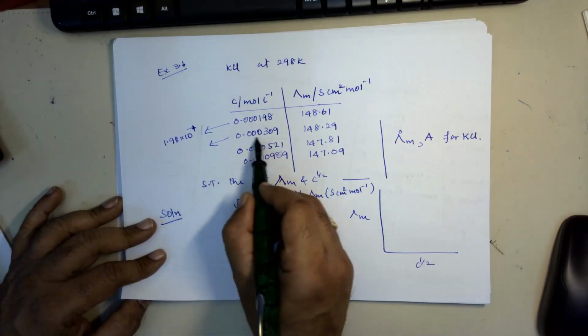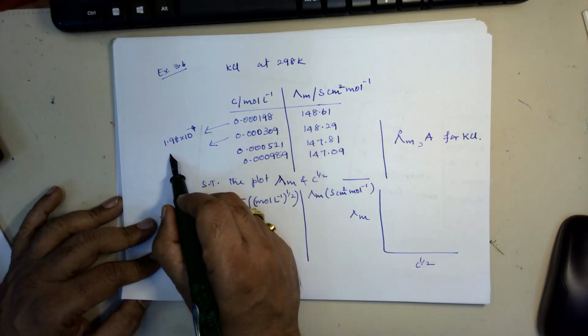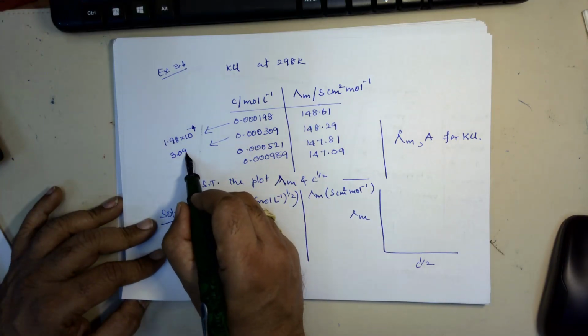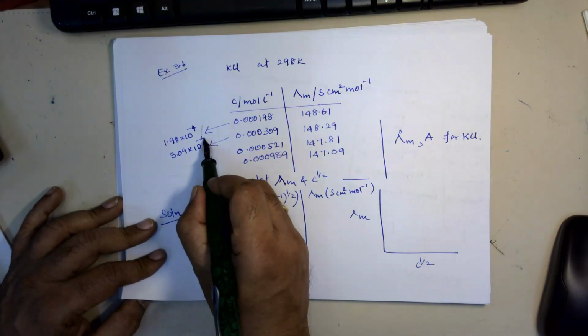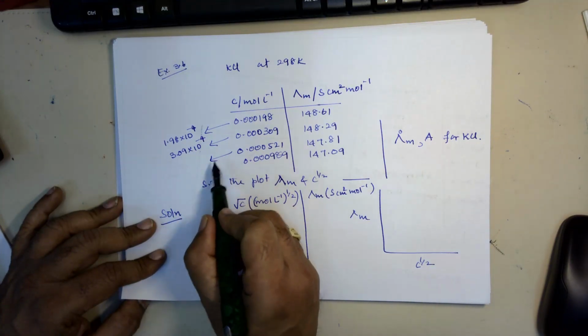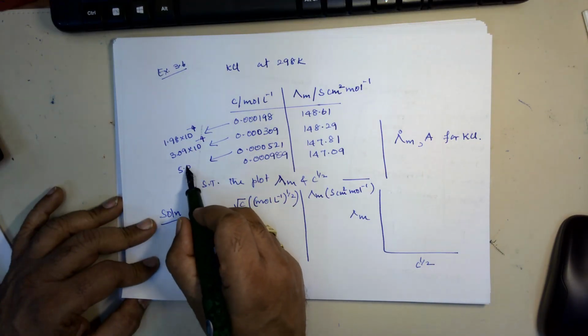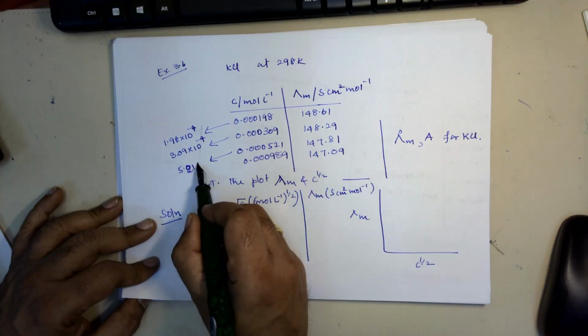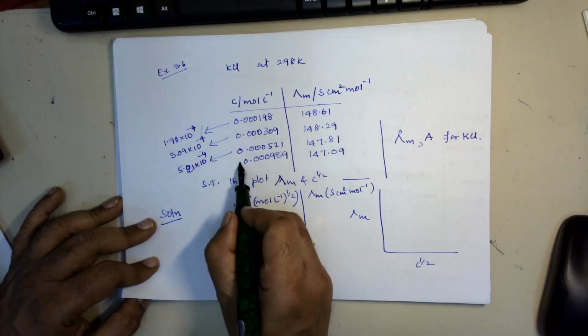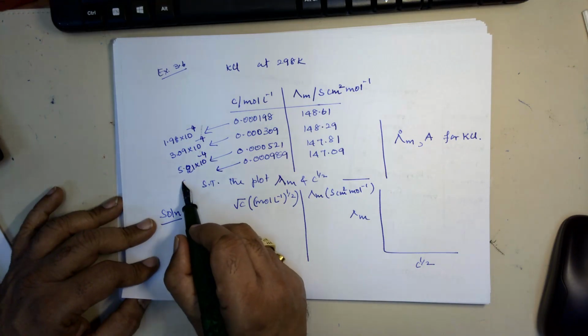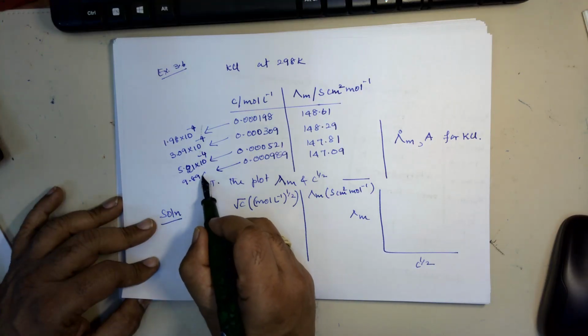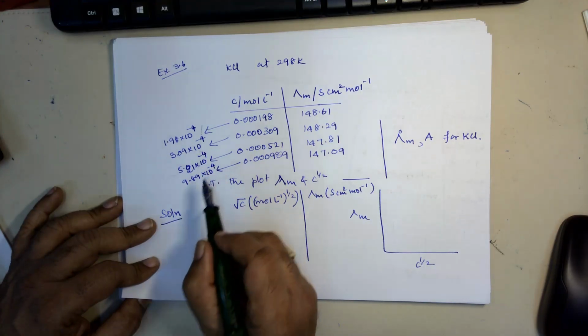And what about the next value here? 3.09 into 10 power minus 4, right? And this one, 5.21 into 10 power minus 4. This one, 9.89 into 10 power minus 4.